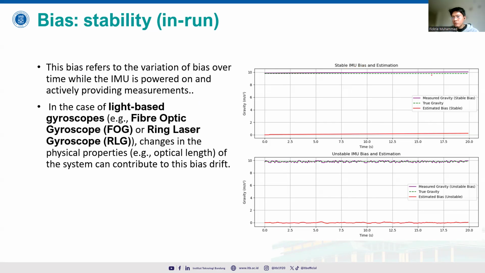For example, we're supposed to have this true gravity with the green dotted line here, but because of the stable estimated bias, we'll have, for example, the gravity measured as 10 instead of 9.8, which is somehow easy because it's linear to understand. But unstable bias requires more time to see the behavior of the bias over the time frame.